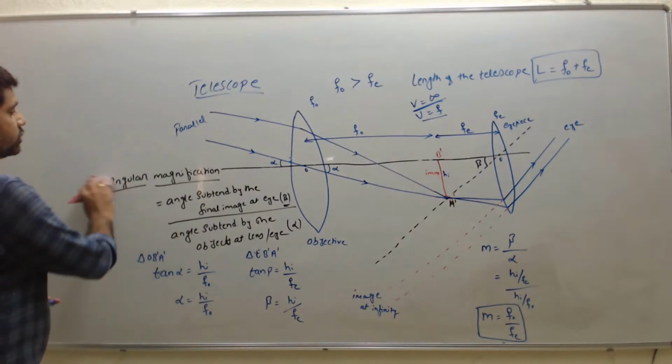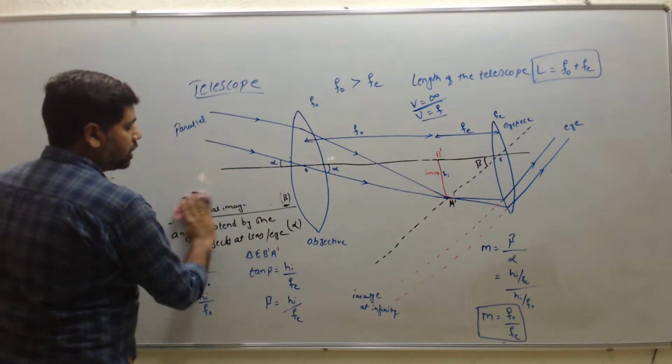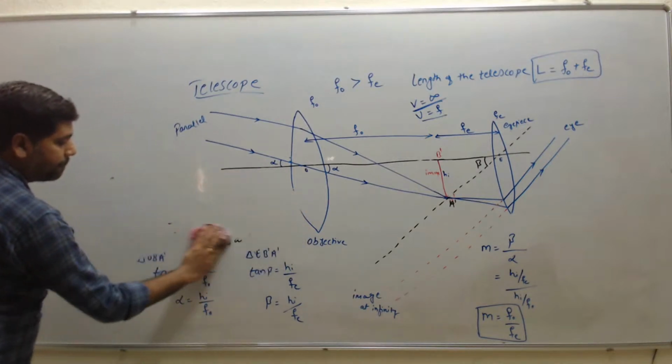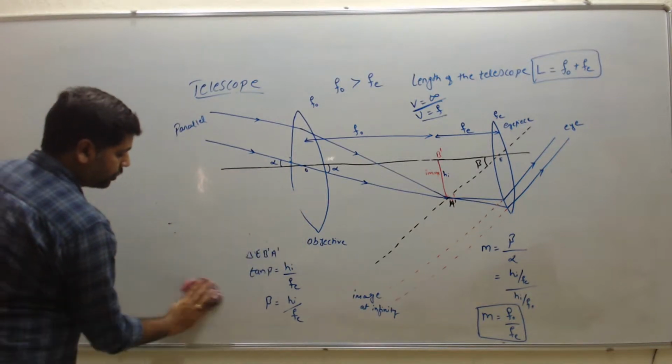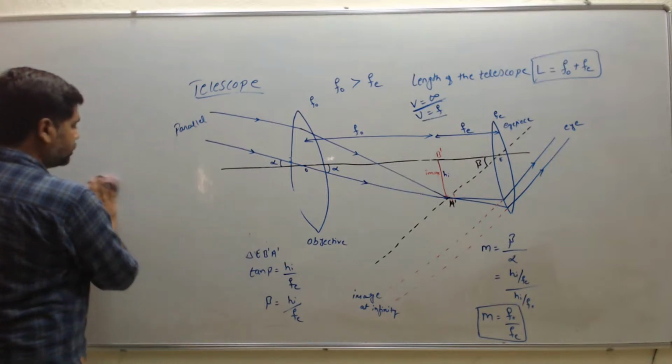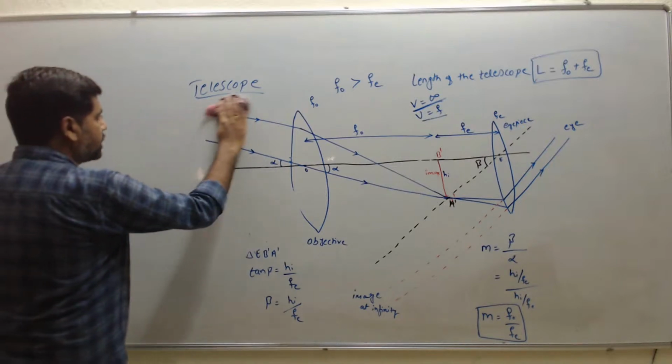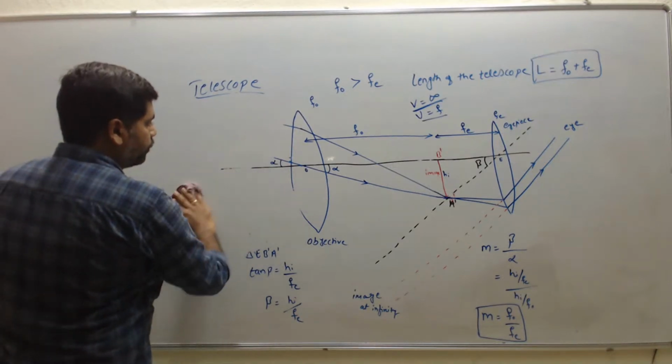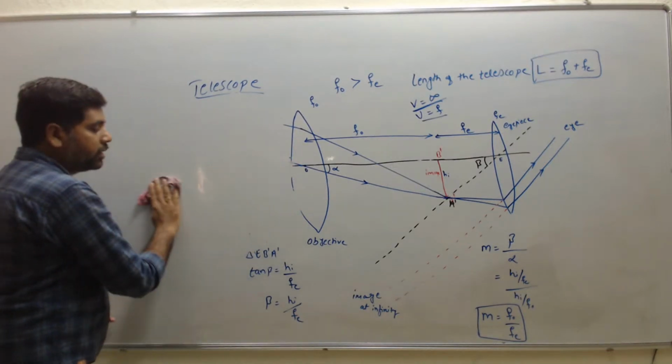So next, in the telescope we have another one, the reflecting telescope. That one is also called the Cassegrain telescope or reflecting telescope.